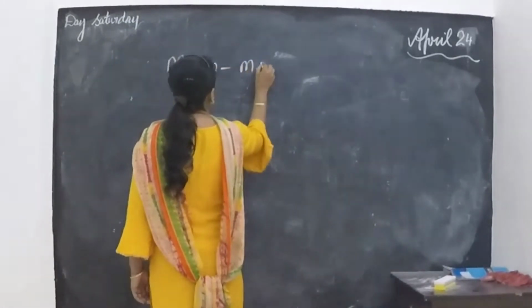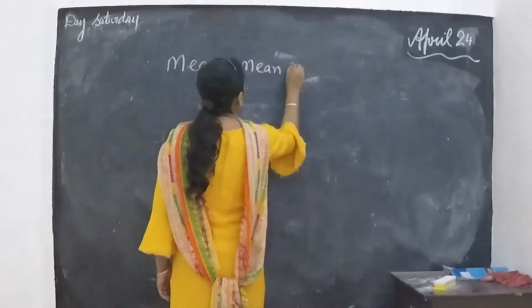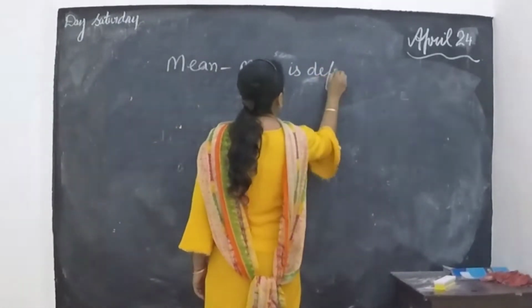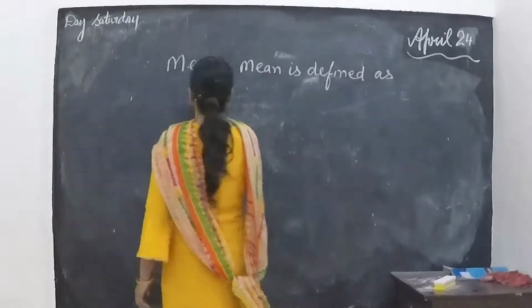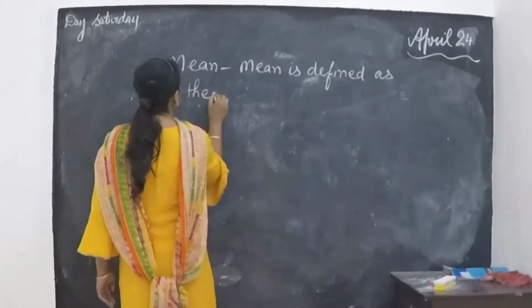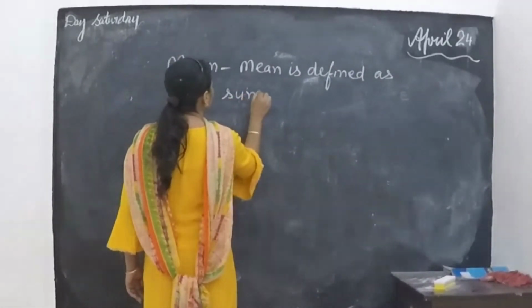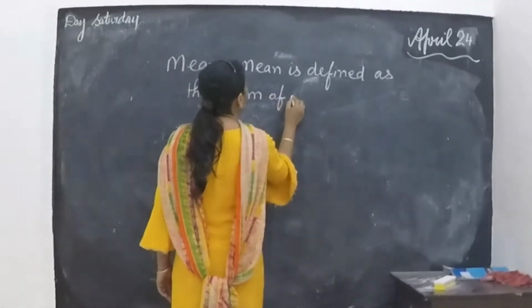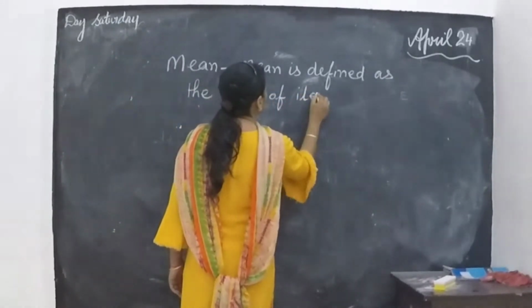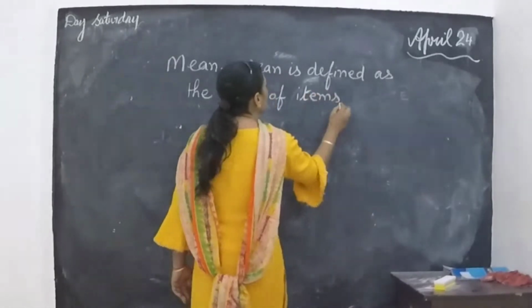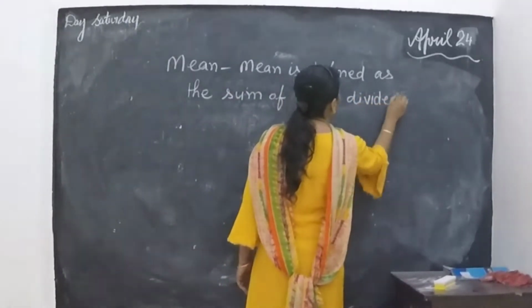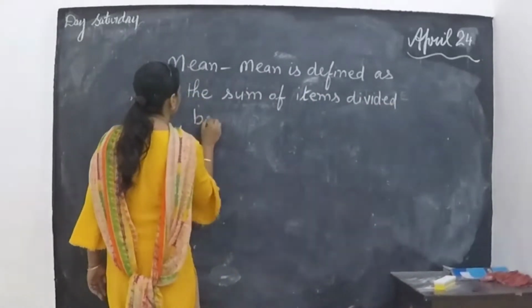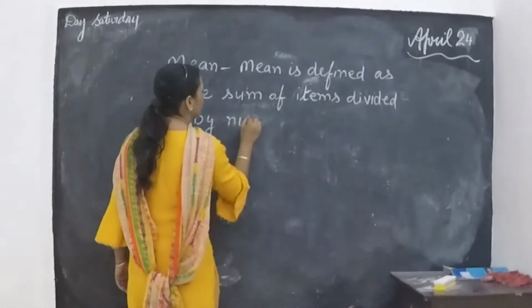Mean is defined as the sum of items divided by the number of items.